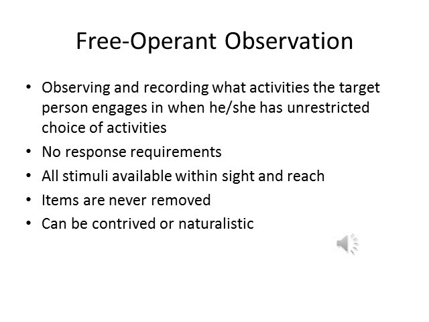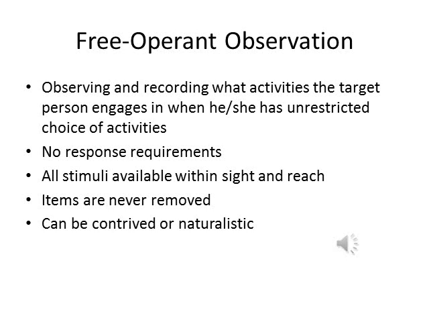The next method is free operant observation. That's simply observing and recording what kinds of activities a person engages in when she or he has unrestricted choice of activities. Free operant observation usually measures the amount of time someone spends engaging in something, but it could also measure just whether or not something is engaged in.